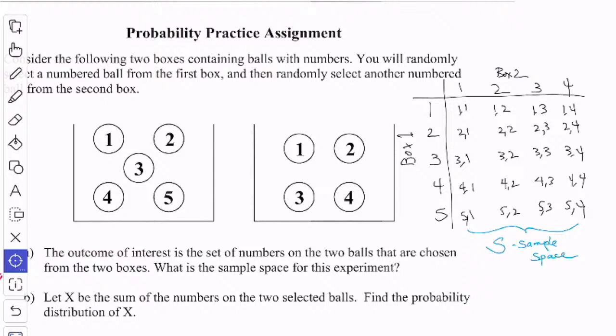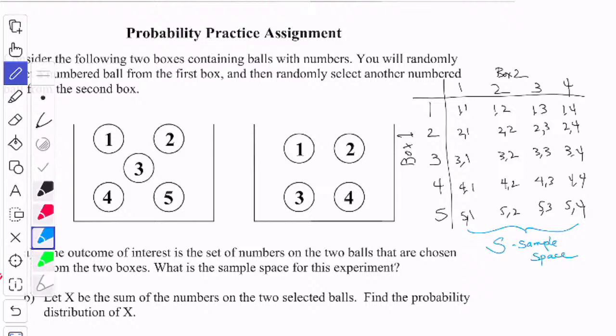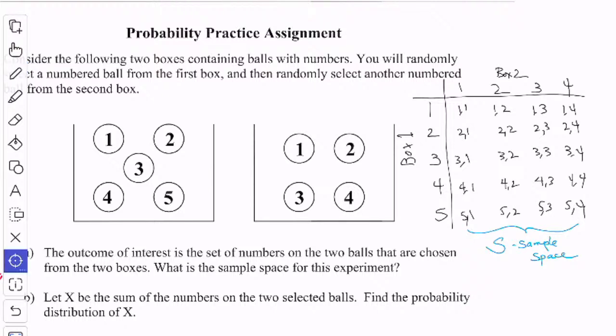Okay, the next question is, let X be the sum of numbers. Okay, so we have a different definition for a variable or outcome. So X is the sum of numbers on the two selected balls. Again, we'll have a matrix, but rather than putting 1, 1, 1, 2, I'm going to sum the values.